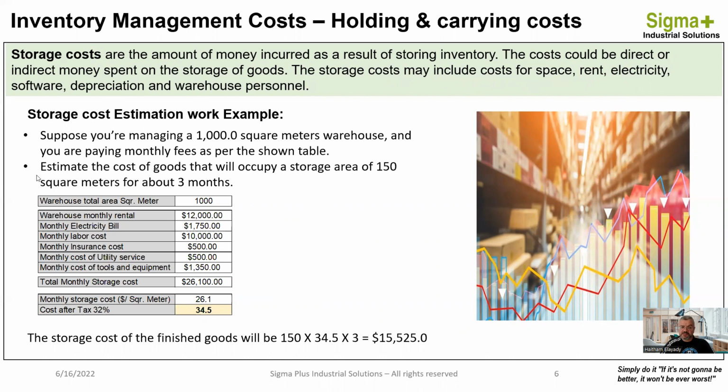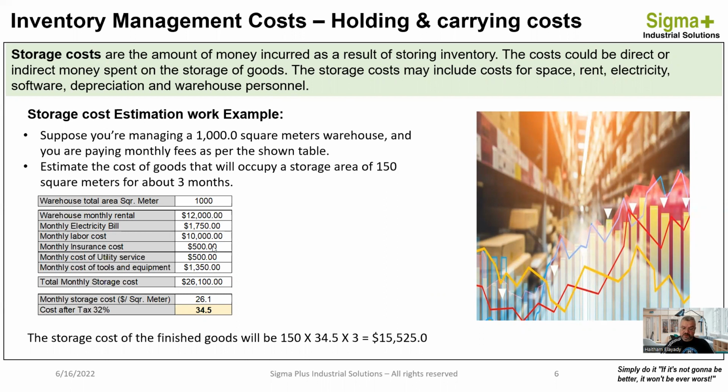Okay, so let's have an example to better understand how we can calculate the storage cost. To have a storage cost estimation, suppose that you're managing a 1,000 square meter warehouse and you're paying monthly fees as per the shown table. You're paying a monthly rental of $12,000. The monthly electricity bill is $1,750.